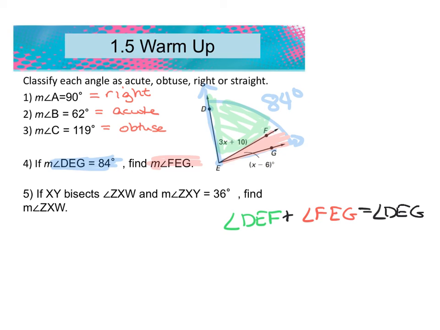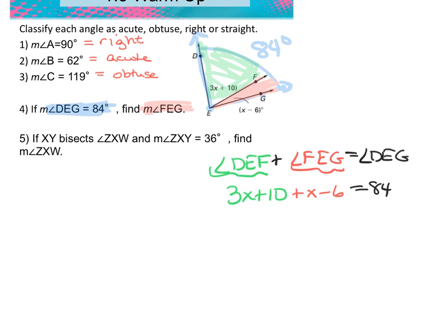So I'm going to replace DEF with the 3x plus 10. I'm replacing FEG with x minus 6, and I'm setting it equal to 84. I'm now going to add my like terms for x, then I'll add these two. I'll subtract 4.